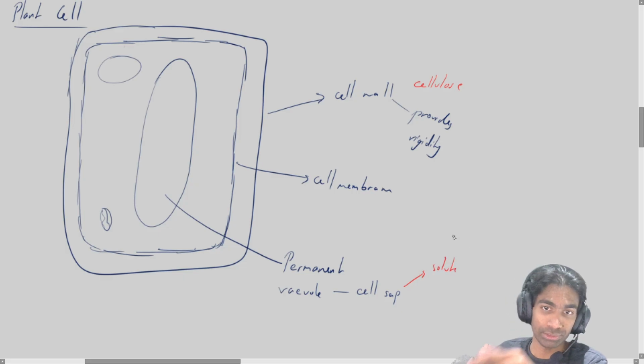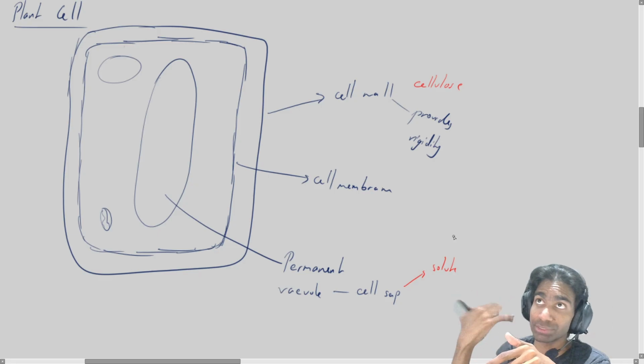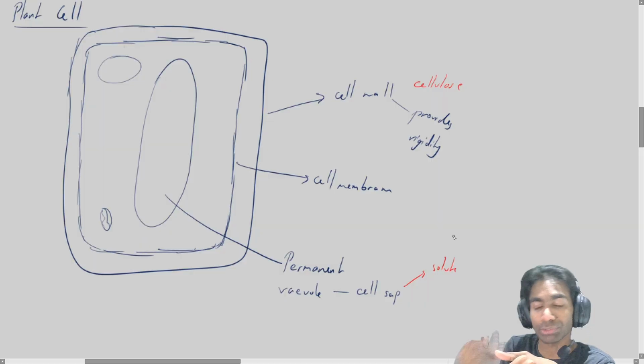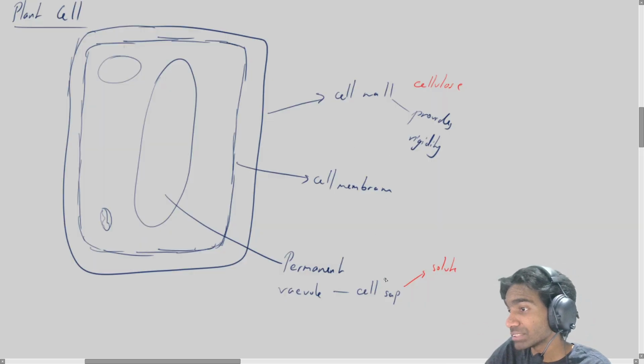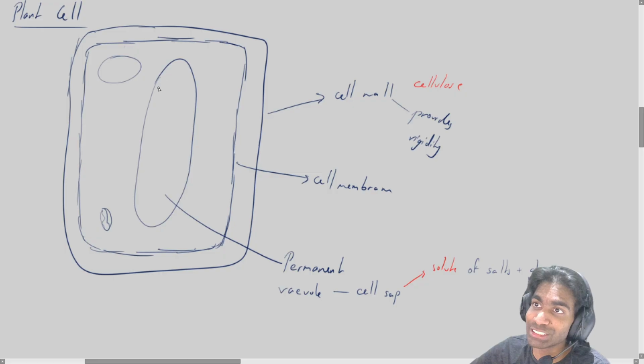Solute just means that it's got some amount of water that's dissolving some amount of salts, right? But in this case, it's a solute of salts and glucose. Okay, that's typically what a cell sap contains. It might contain a few other things like ions, but this is typically what it contains, right? So the permanent vacuole over here will have this cell sap in it, and this is just meant to be that excess water supply for the plant in case it needs a bit more pressure, right?